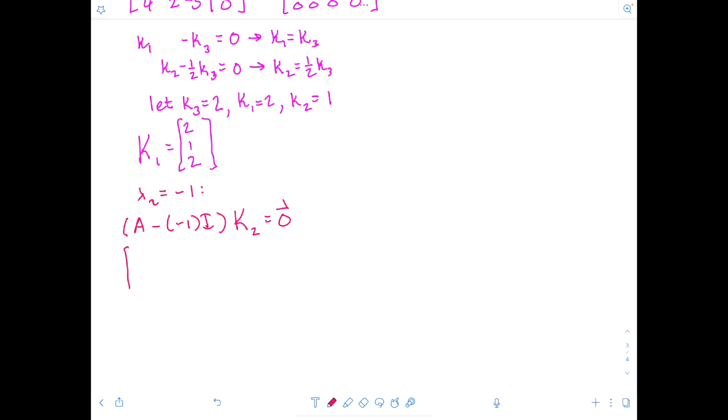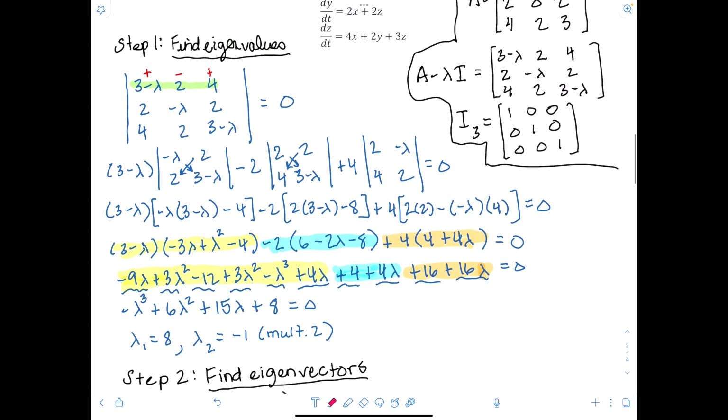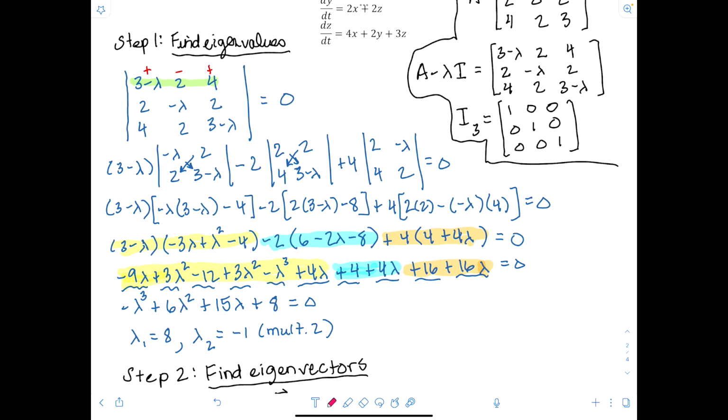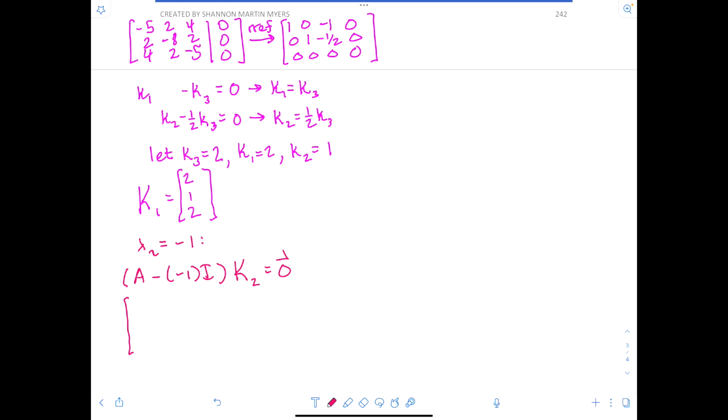When we plug in -1 for lambda, it'll turn everything positive, so we'll end up getting 4, 2, 4, 2, 1, 2, and then 4, 2, 4, and again times K1, K2, K3 equals 0, 0, 0.